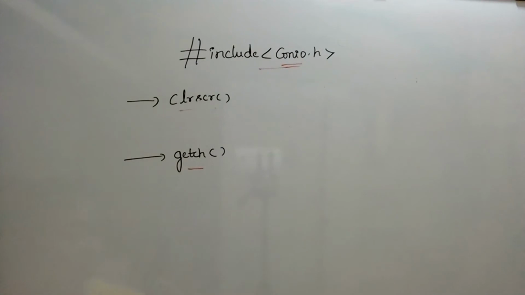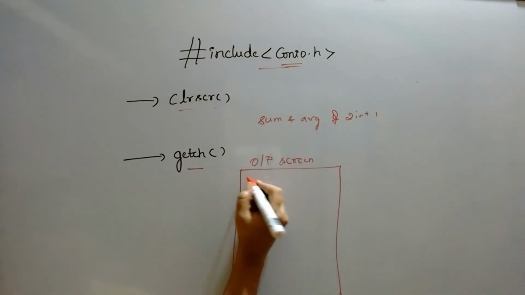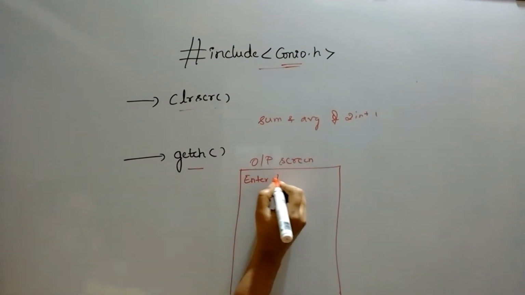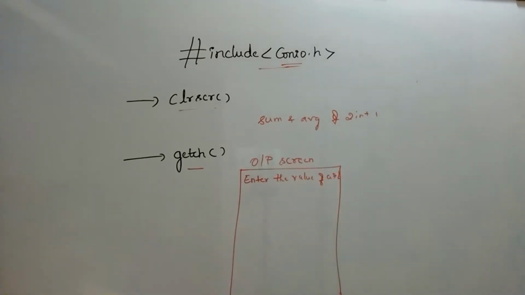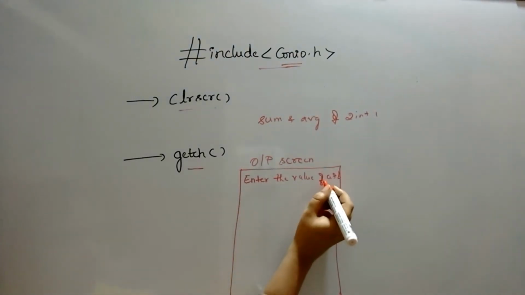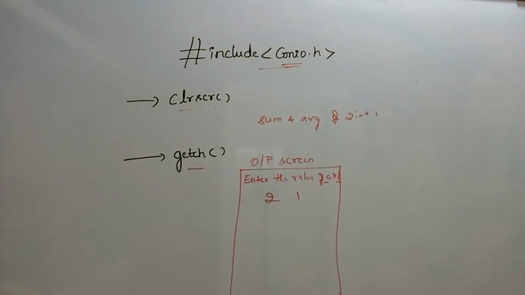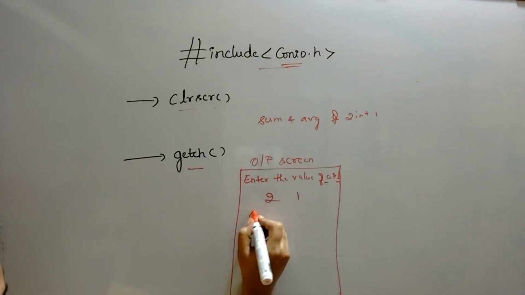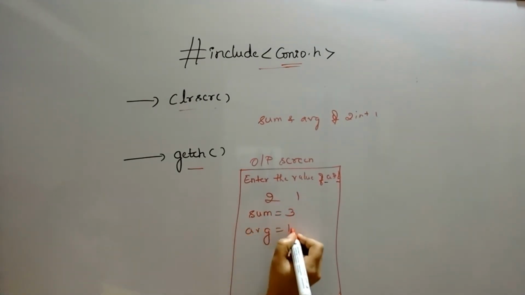Now see, here you will get enter the value of A and B. The user will enter the values for A and B, maybe 2 and 1. Now it will calculate sum is equal to 3 and average is equal to 1.5.